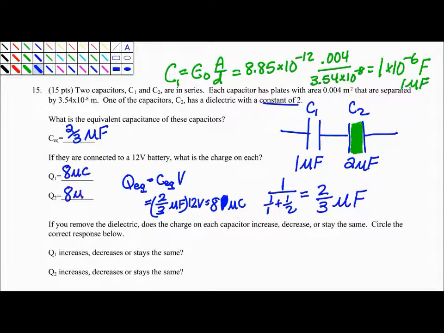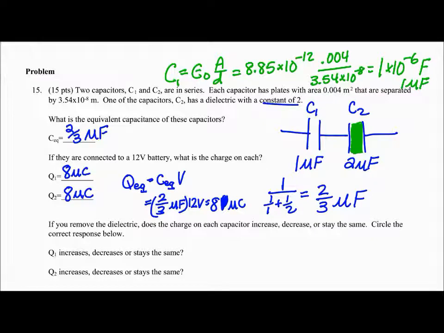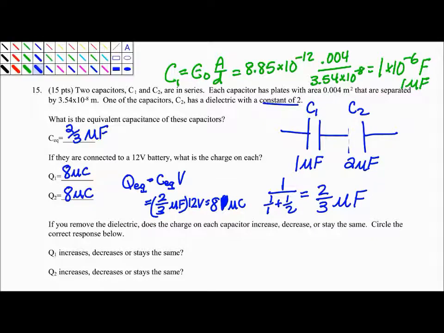If you remove the dielectric, does the charge on each capacitor increase, decrease, or stay the same? All right, so if we remove that dielectric, this now becomes 1 microfarad, and this now becomes 1/2 microfarad.